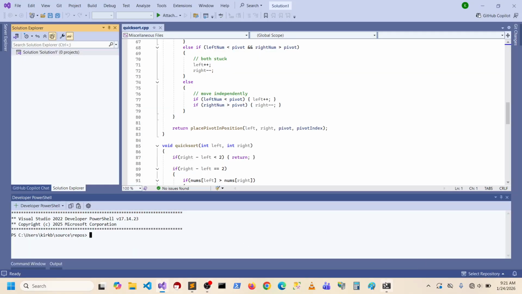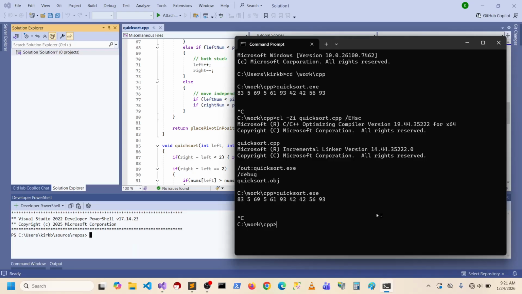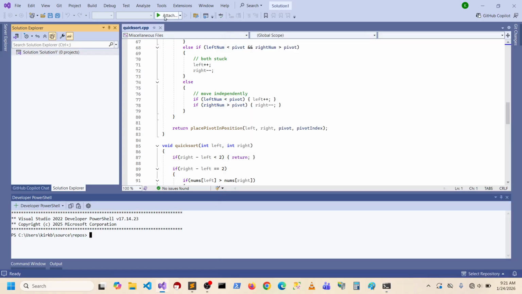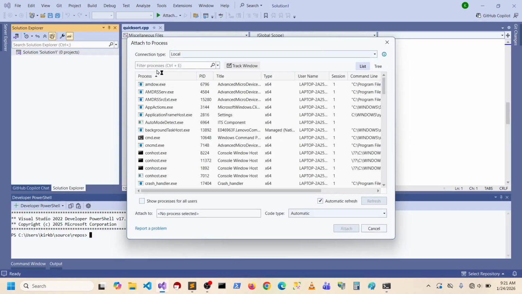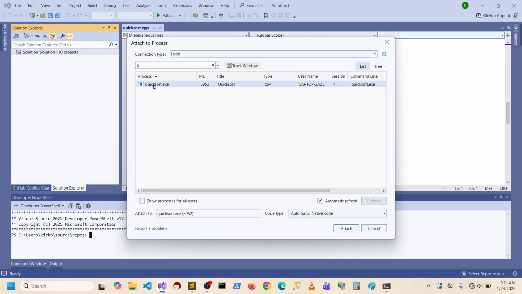Let's see what's going on. Let's do this. Where we at? There. Man, it's getting warm in here. All right, let's attach. Type our Q for Quicksort.